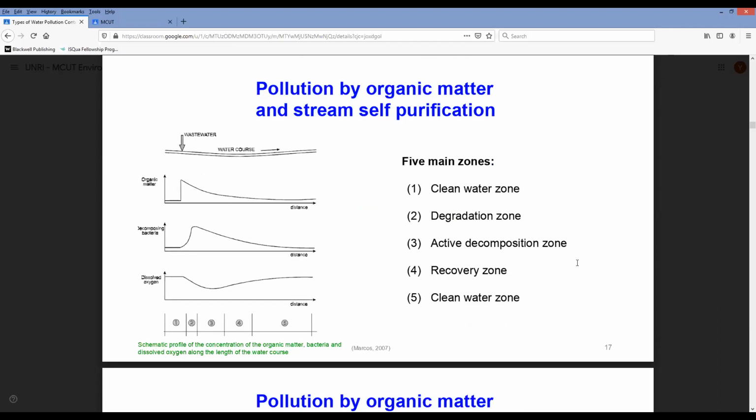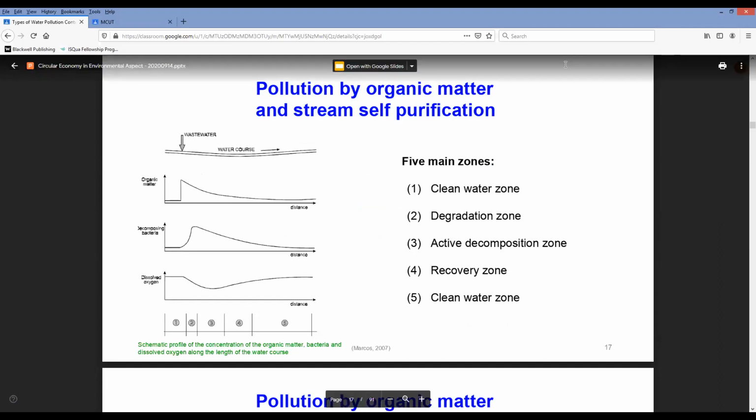Okay, and then this is the pollution by organic matter. As you can see from the figure on the left, this figure can be divided into 5 zones.